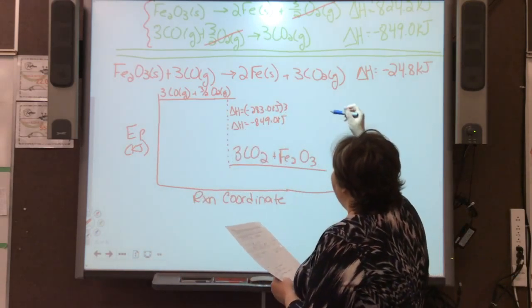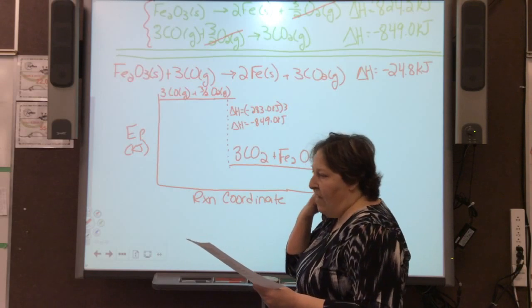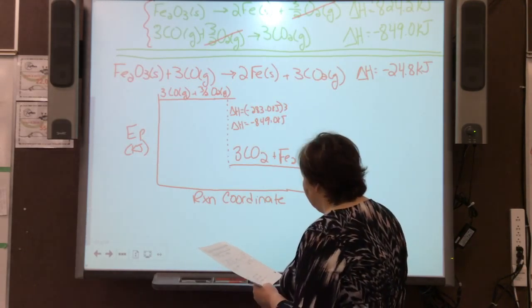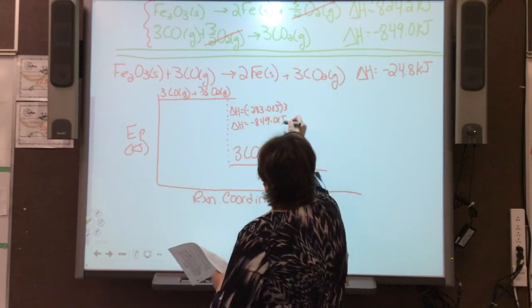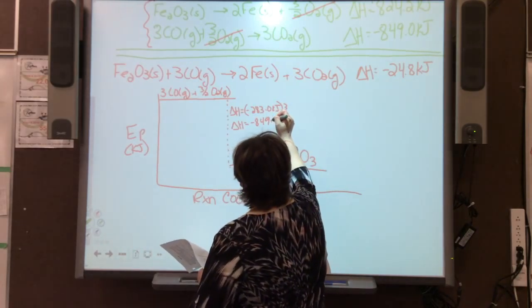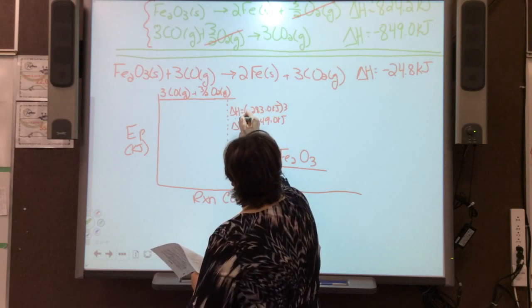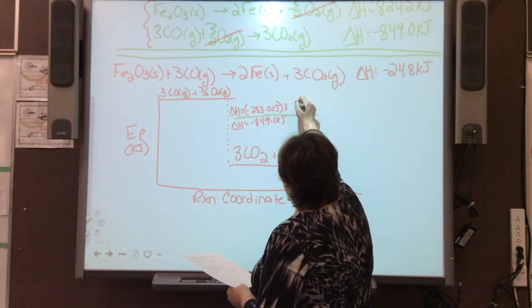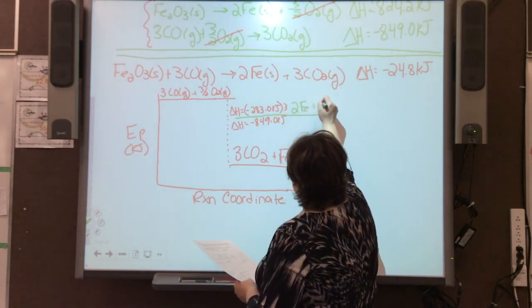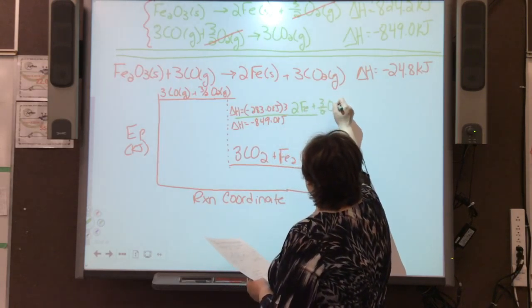Then we have this other part. We have the Fe and the other 3 halves of oxygen. So we draw a secondary line in here, like this. I'm just going to put it here. Okay, there's a secondary line there where we have our 2 Fe's and our 3 halves of O2.